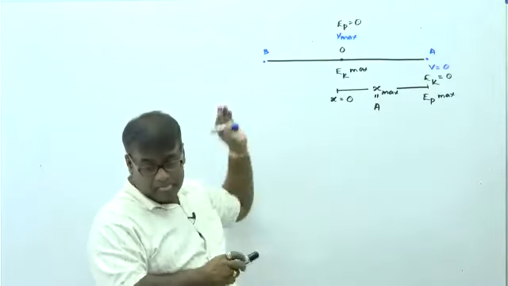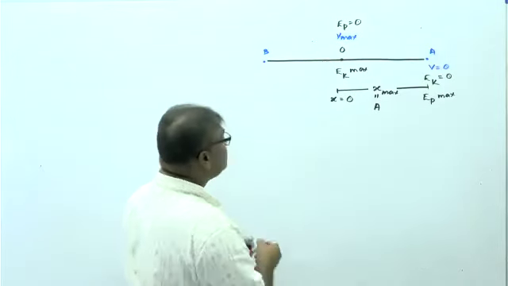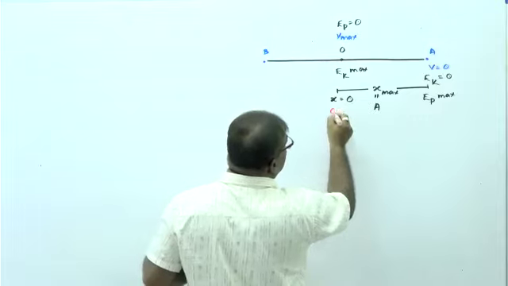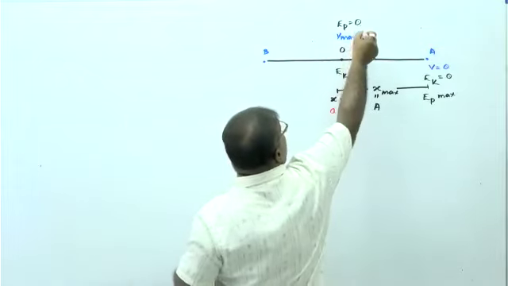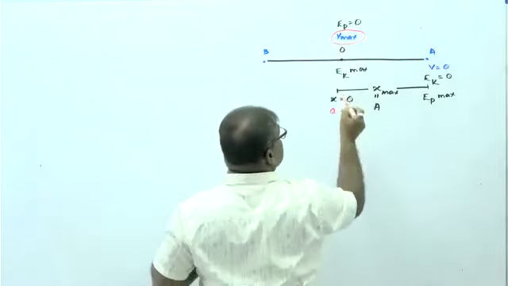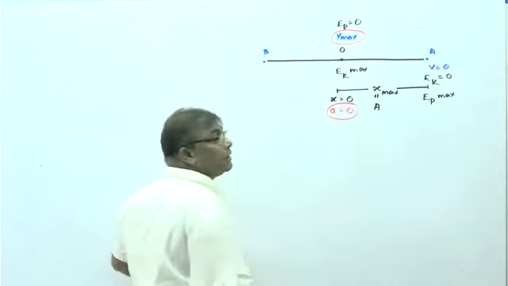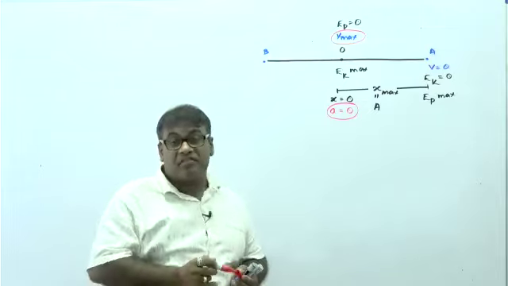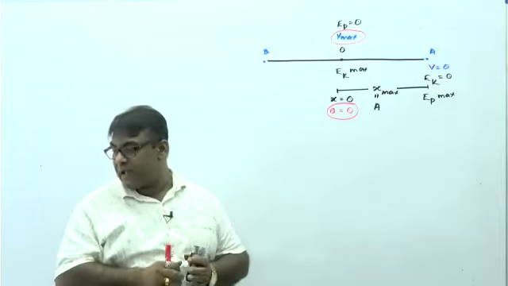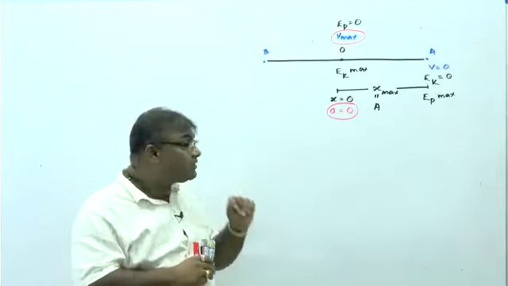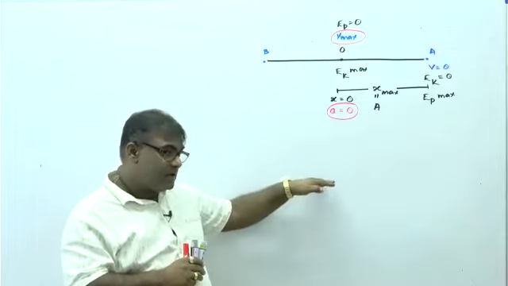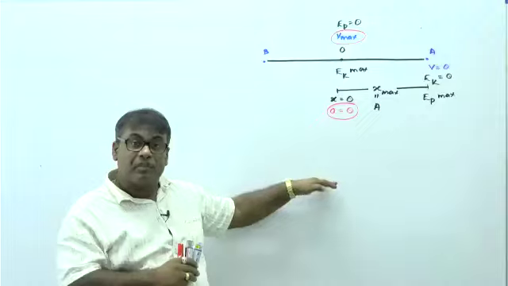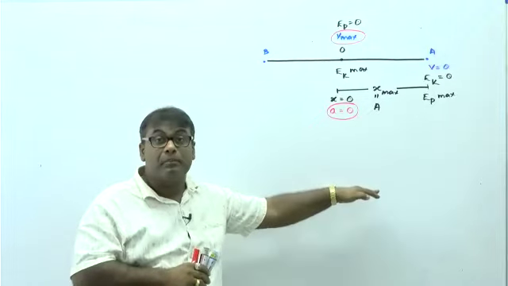This side is also the same. And at this position, acceleration is 0. At the center of oscillation, velocity is maximum, but acceleration is 0. There is 0 acceleration while having the maximum velocity. Example, if we have a statement like this, the velocity is maximum, the acceleration may be 0.